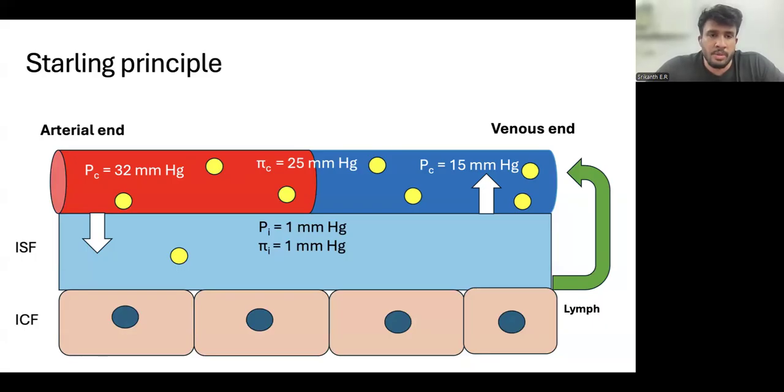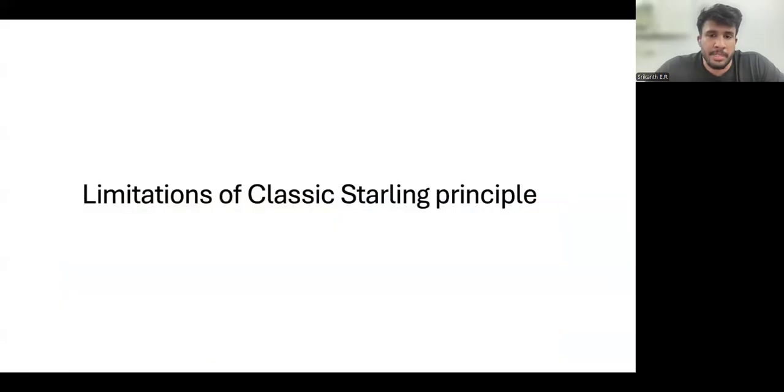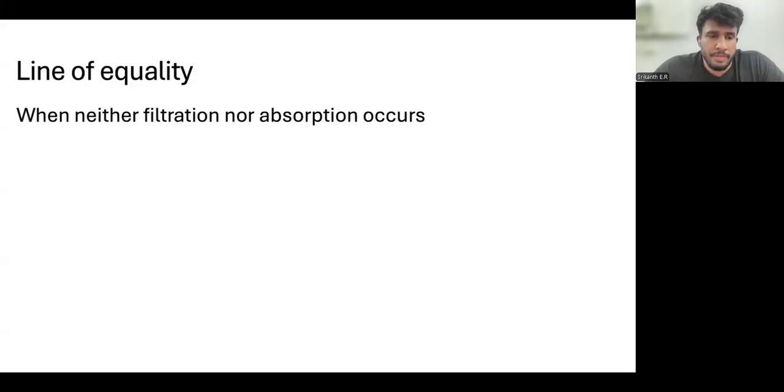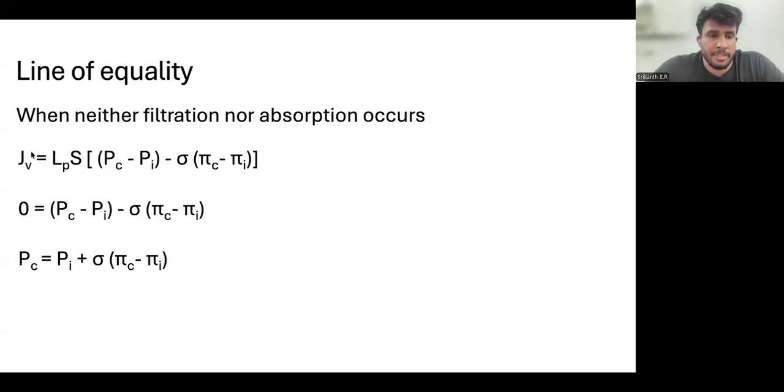So now let's look at the problems and limitations of the classical Starling principle. When we start off, we need to understand something called the line of equality. Basically, it is a point at which neither filtration nor absorption occurs. This is just a mathematical definition. At this point, the capillary hydrostatic pressure should be equal to the sum of all opposing forces.